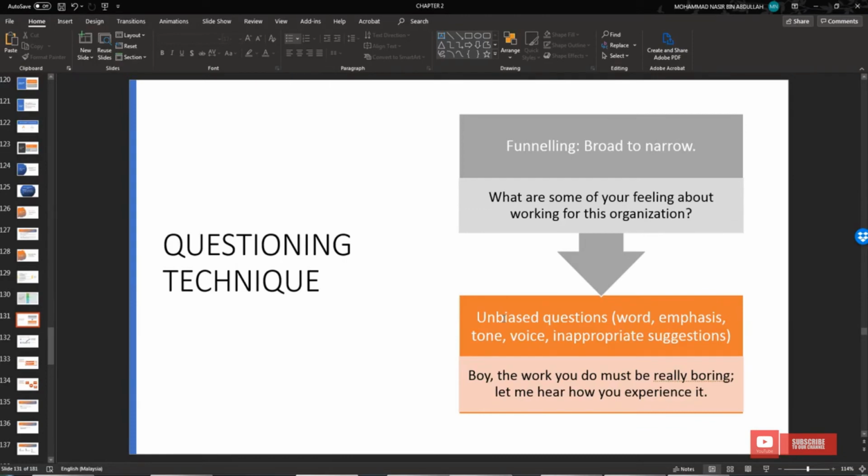The tone should also be good, not an angry tone or one that tries to provoke. Inappropriate suggestions are also not appropriate when you ask a question.